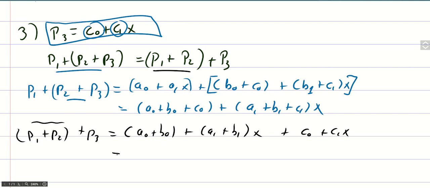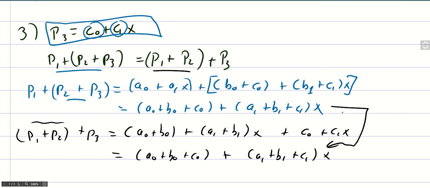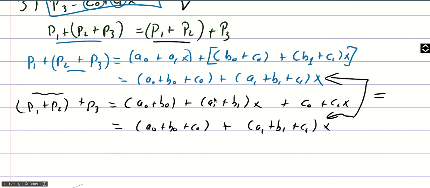And when we sum these two polynomials, we get (a0 + b0 + c0) + (a1 + b1 + c1)x. And you can verify that these two expressions, here and here, are the same. That means that this axiom is satisfied.